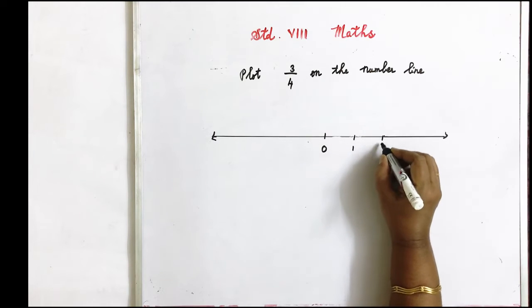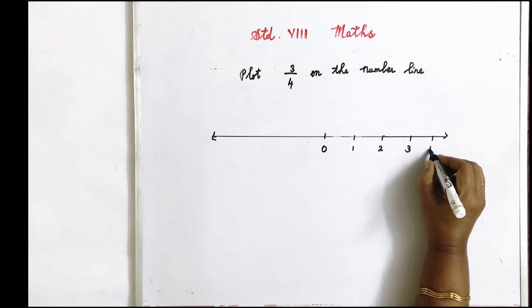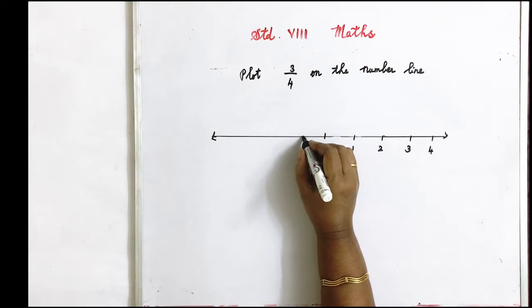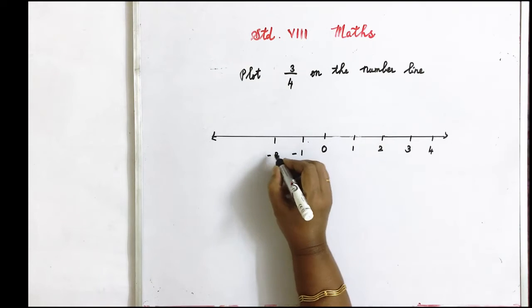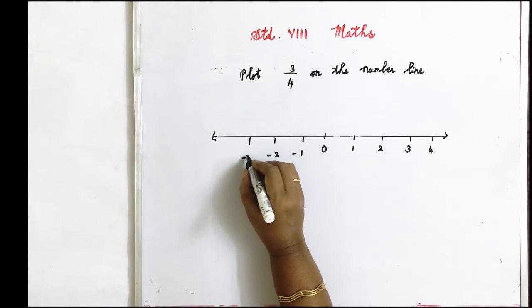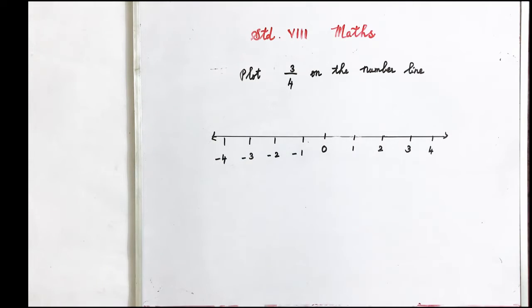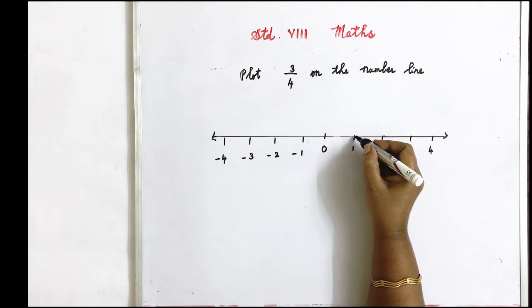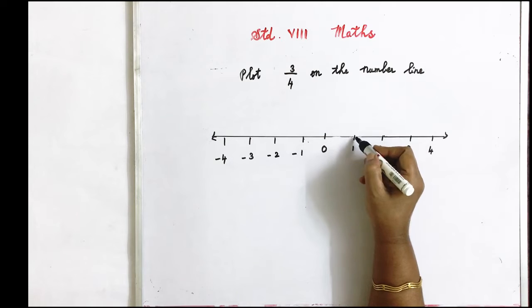1, 2, 3, 4 and here -1, -2, -3, -4. Now for 1, the opposite of this positive integer 1 is -1, and the same way for -1 the opposite is 1.